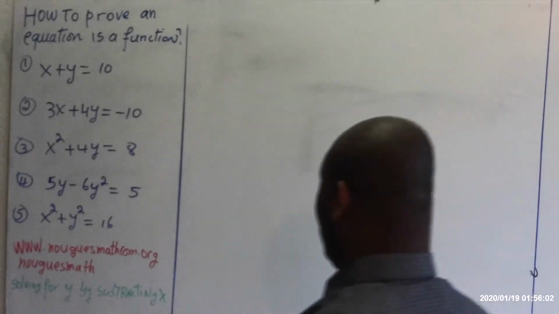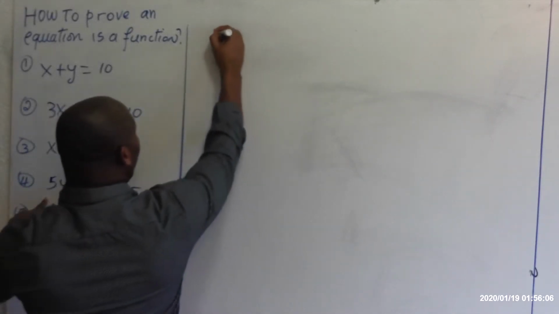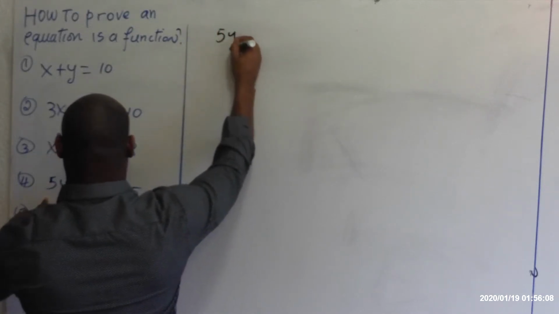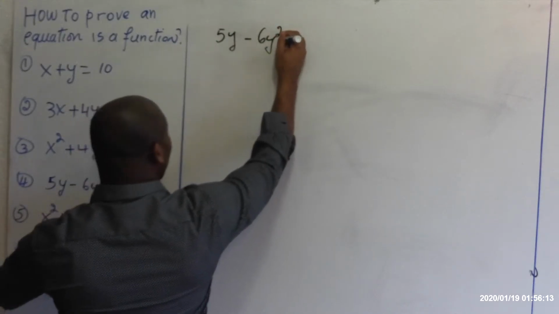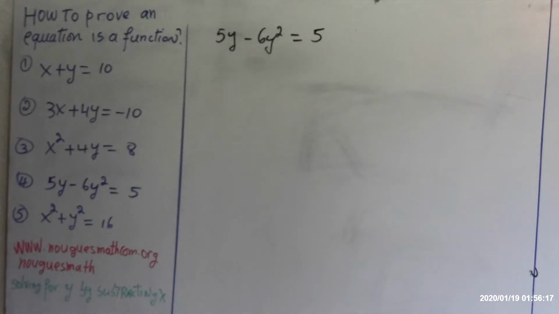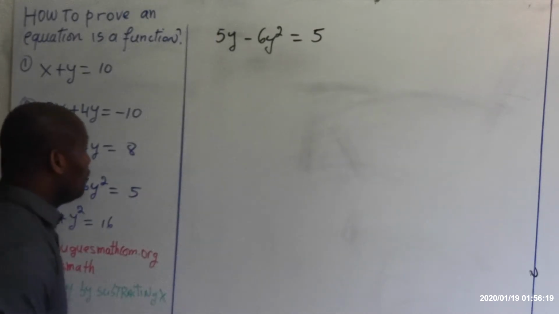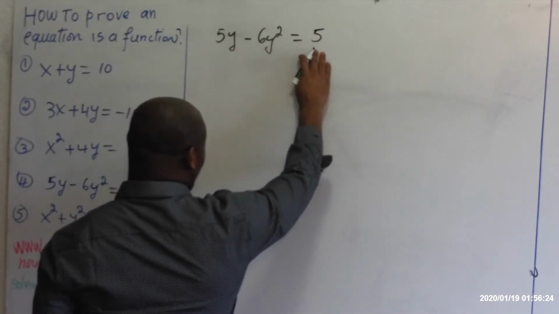Okay. Let's do the fourth exercise. The fourth one is 5y plus 4y squared equals 5. This equation comes in another form. We have y right here, and we have y squared equal 5.